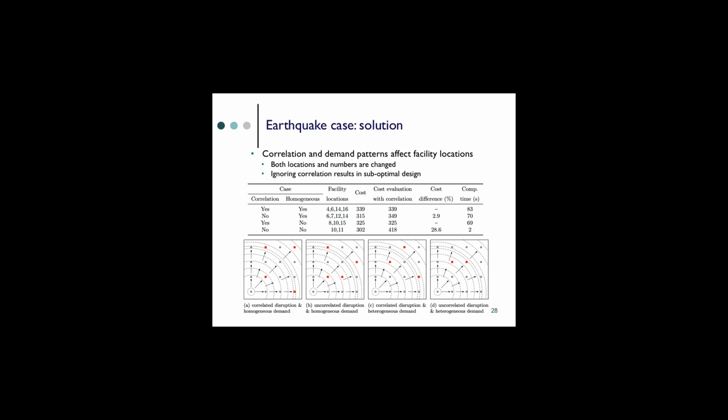Similarly, a pattern can be observed when we compare figure B and figure D. We have only 2 facilities with heterogeneous demand, but 4 with homogeneous demand.